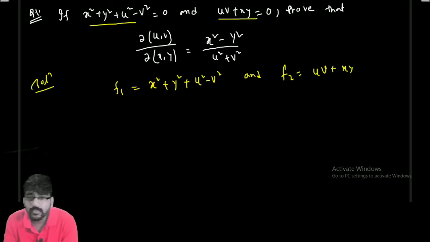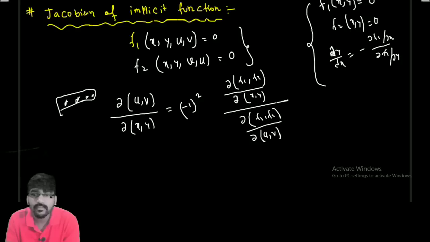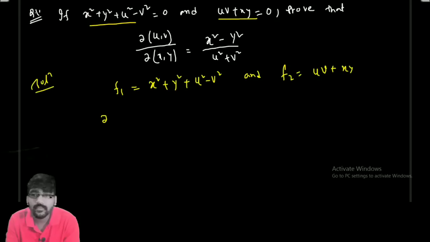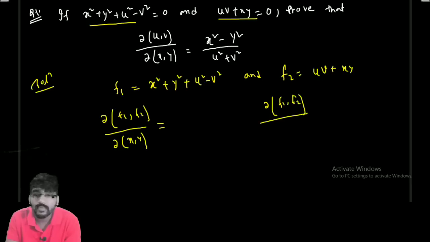Now you have to calculate two Jacobians. From the previous page, one is ∂(f1,f2)/∂(x,y) and the other is ∂(f1,f2)/∂(u,v).